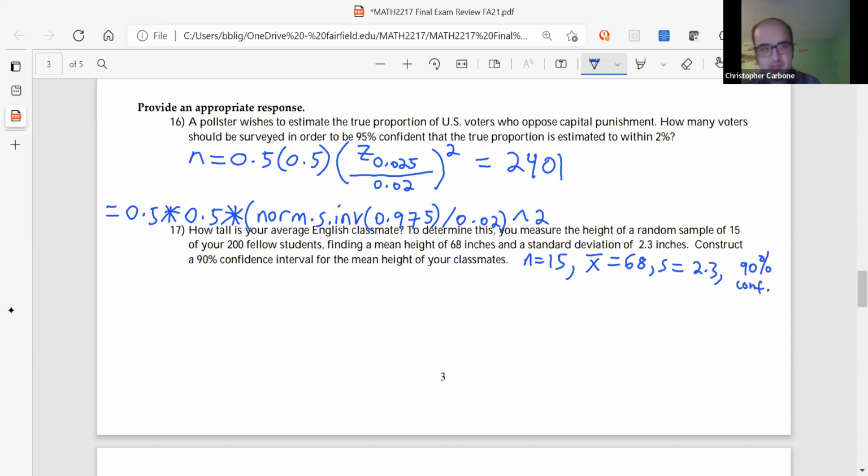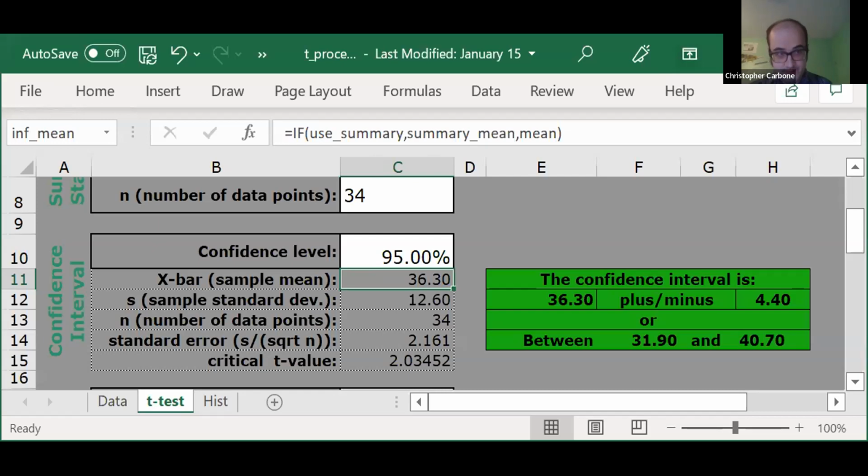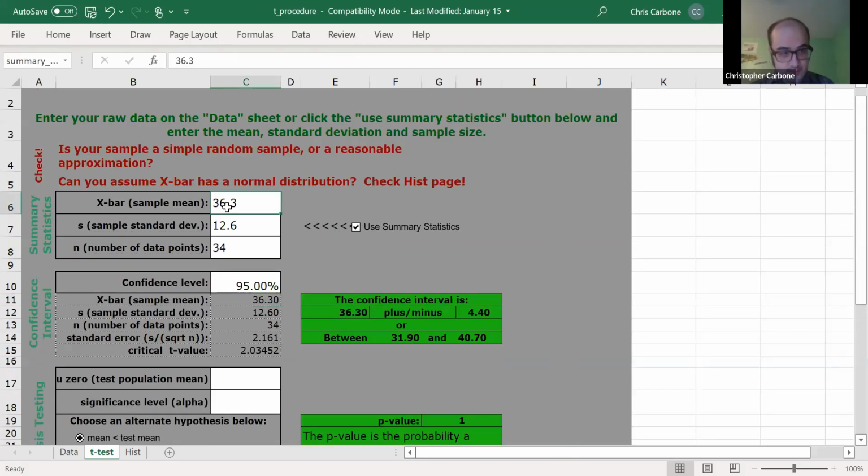So we're going to put that into our one mean t procedure, which will be this Excel document. We're going to use summary statistics for this, so this checkbox will be checked.